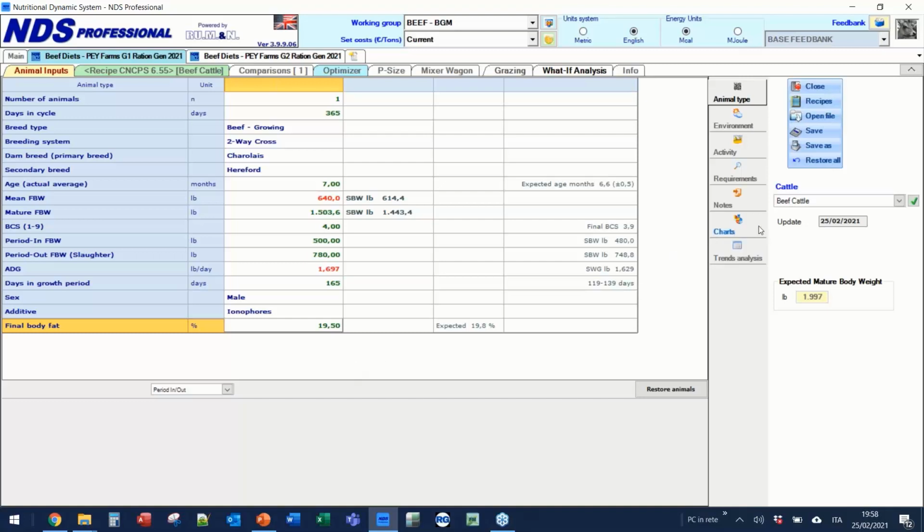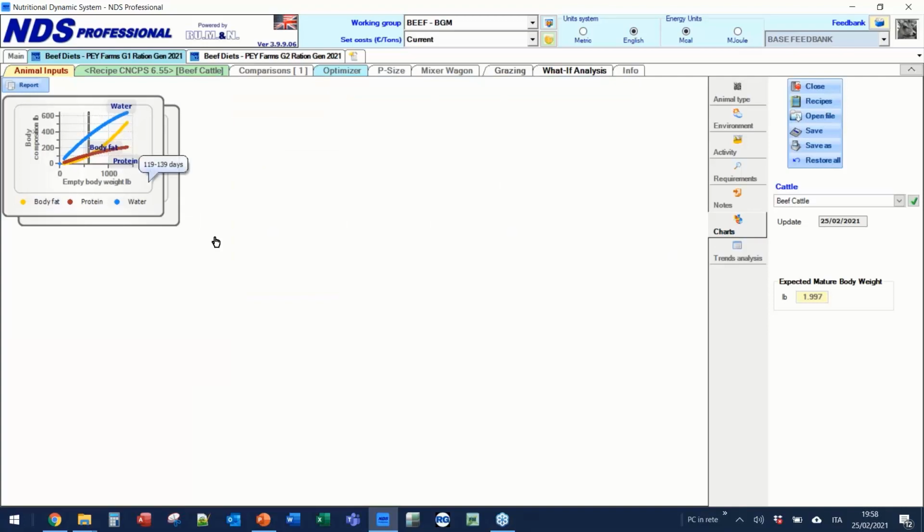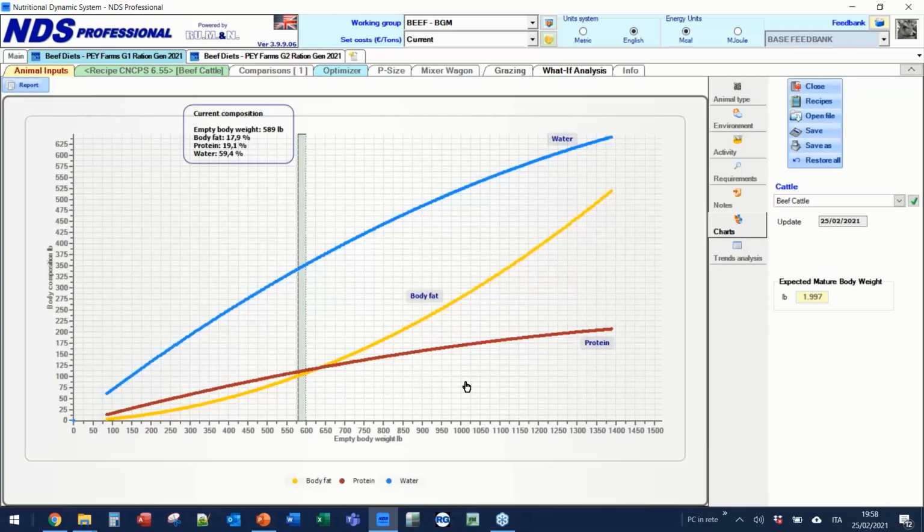So we included some evaluations in order to identify the expected body fat in terms of percentage of the empty body weight, in order to have a more realistic input for the group we are working with.